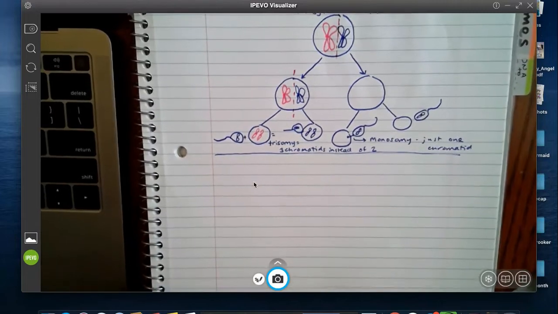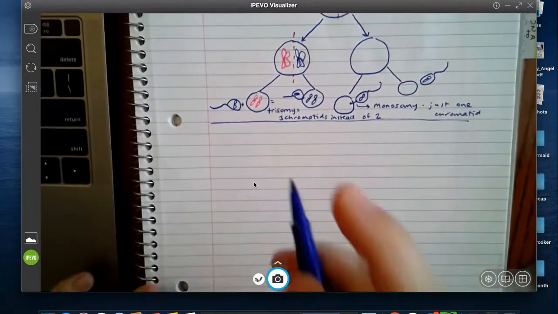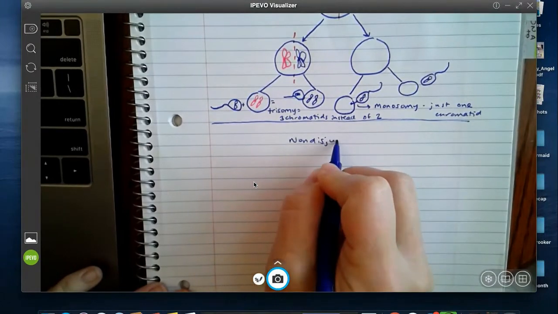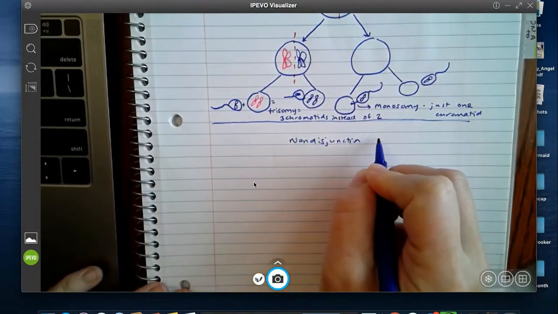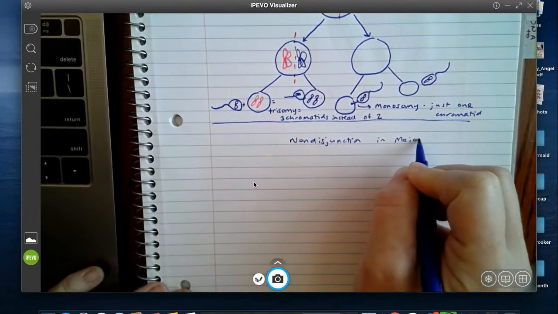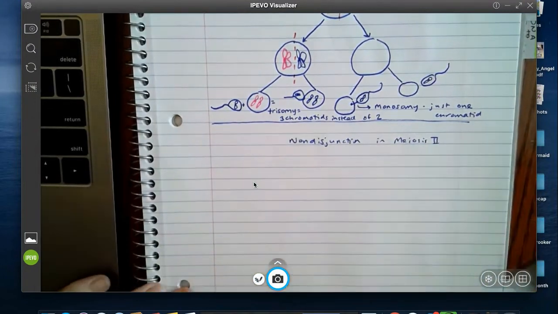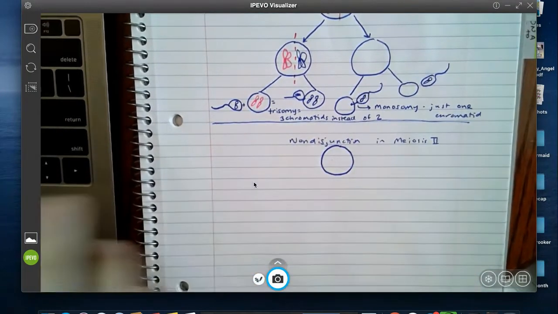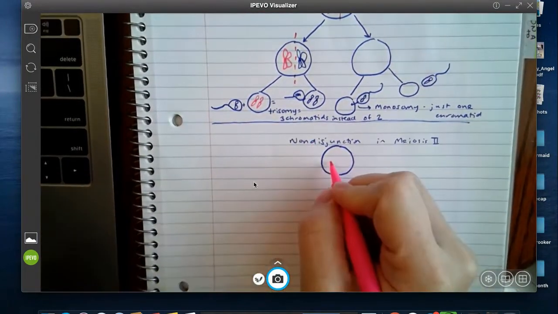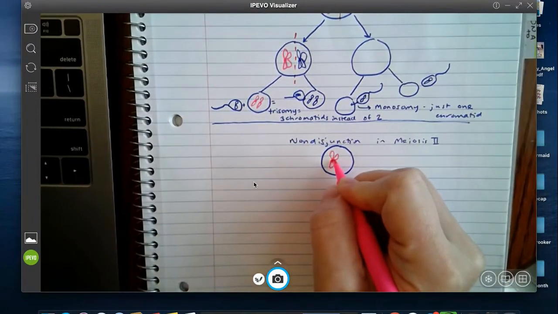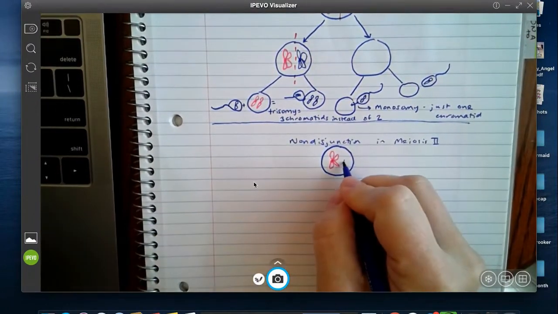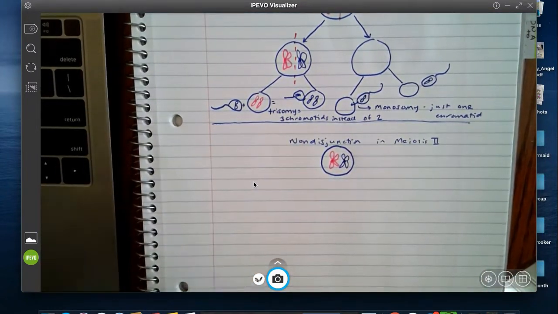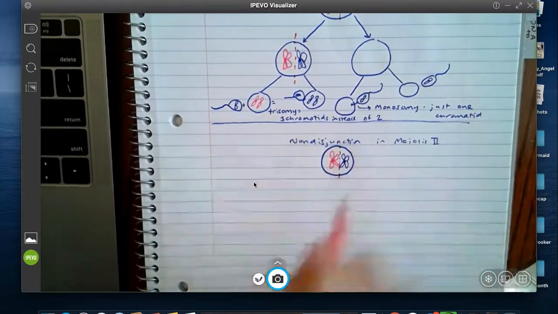All right, now let's go down to nondisjunction in meiosis 2. So meiosis 1 happens completely normal. So we'll start here after interphase where the chromosomes have been replicated. So we have our tetrad like that. They're going to divide nicely down the middle as they should.